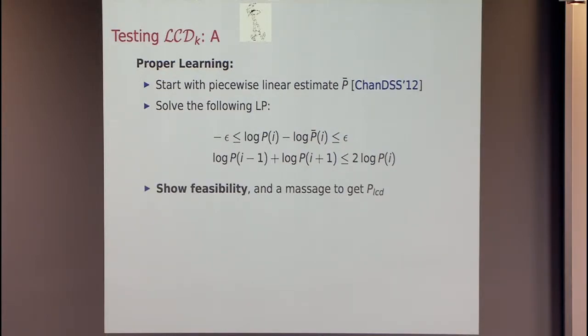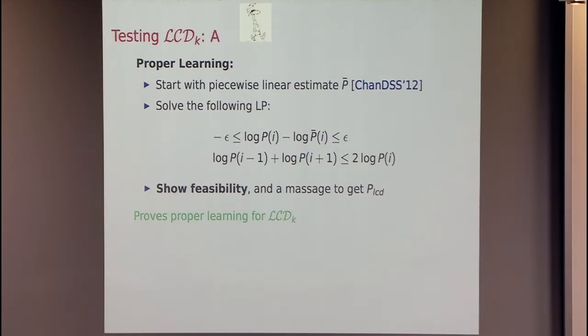So we solve this LP and show the feasibility of the underlying distribution for these two conditions. And this also gives a proper learning algorithm for log concave distributions that's independent of the alphabet size.